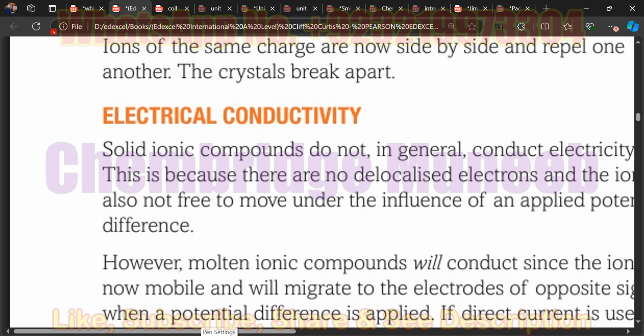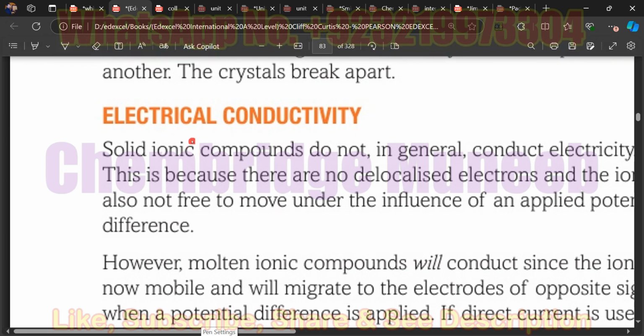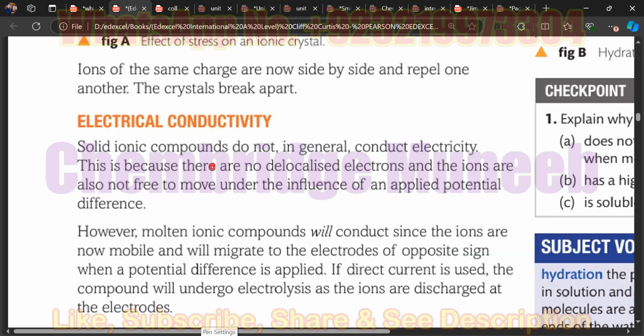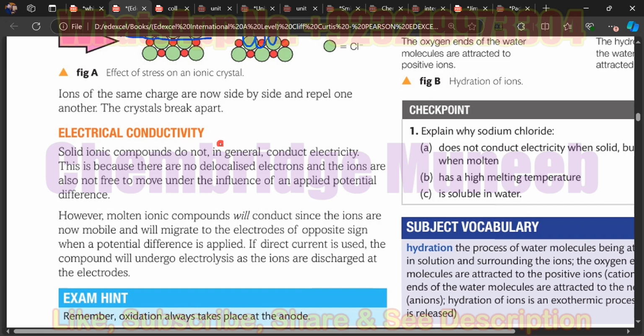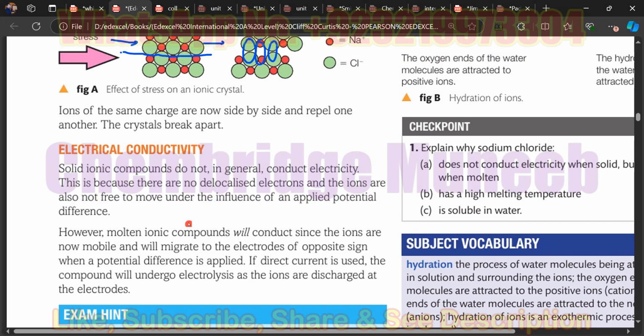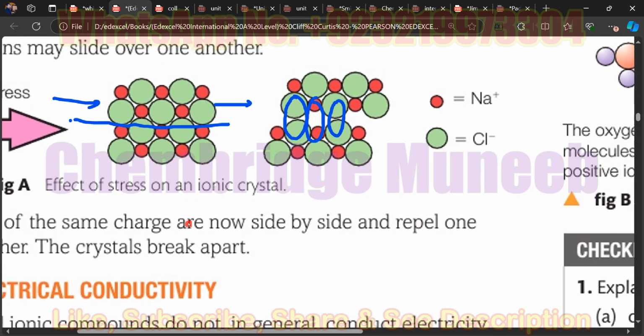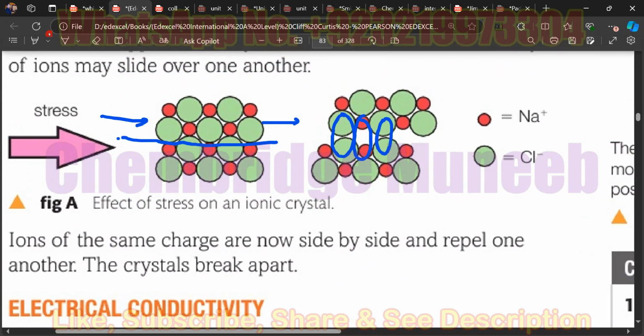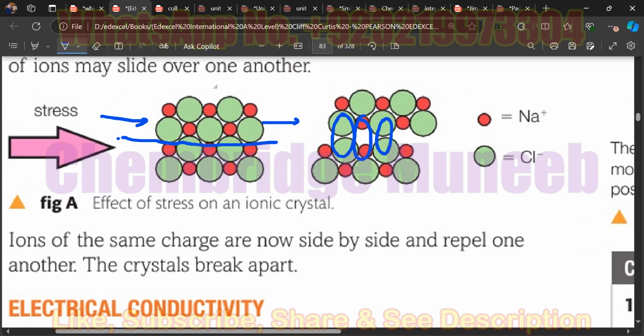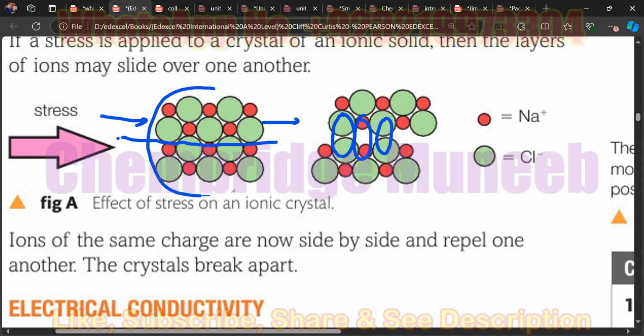Okay, then the other part is about electrical conductivity. The electrical conductivity means, as we know, that the ionic compounds contain the positive ions and the negative ions. So will the ionic compound conduct electricity when they are in this structural form, or we can say in their solid form? Will they conduct electricity?